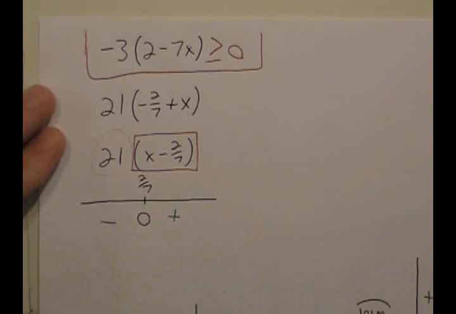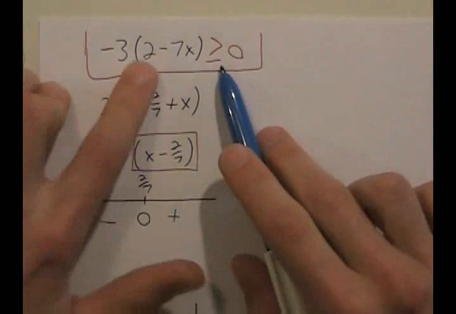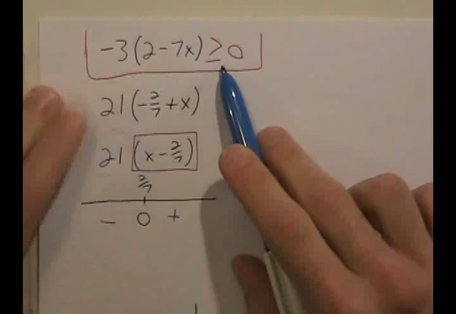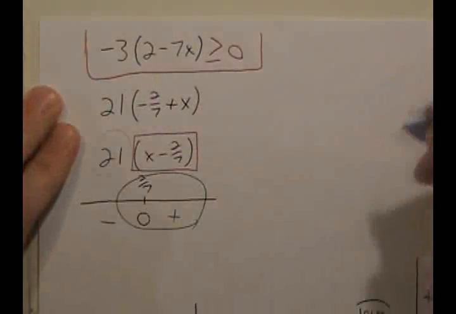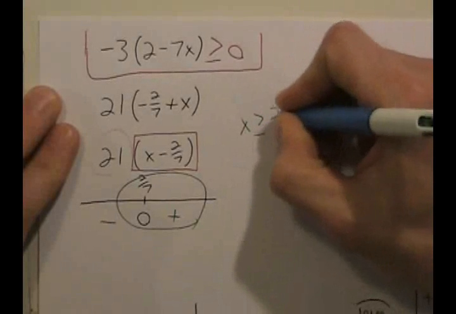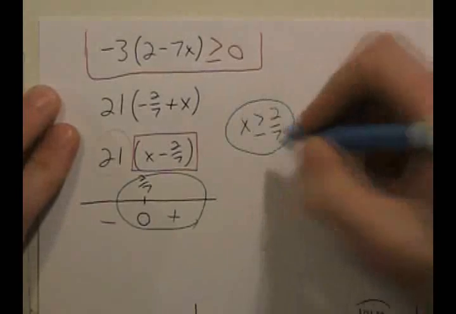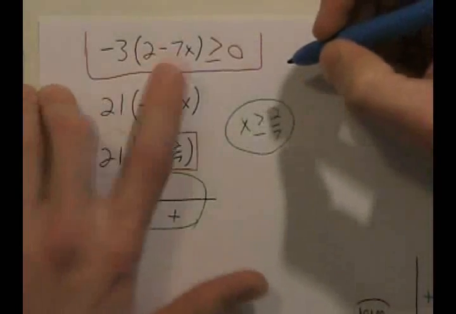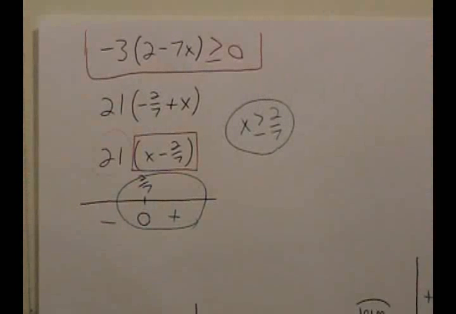So then you go back, and it wants to know, where is this expression greater than or equal to 0? So then you look on your sign chart for the plus sign, and it's right there. So the solution is x is greater than or equal to 2/7. If x satisfies this condition, it will necessarily make this expression greater than or equal to 0, and that's how it's done.